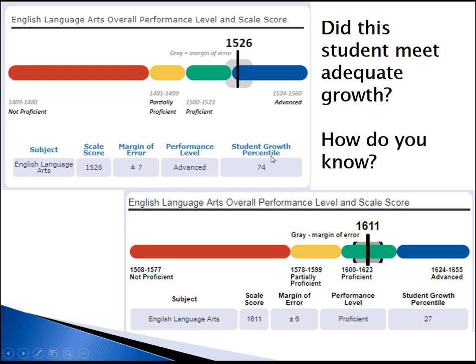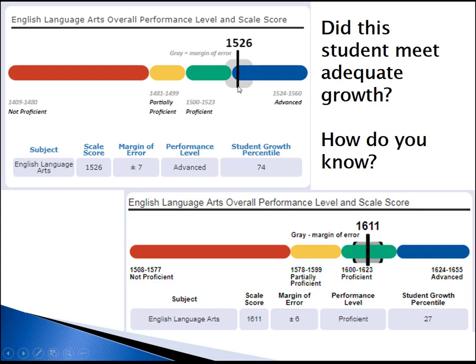So as we look at something like these student profiles that we get based on the state assessment, we might consider how can we use this margin of error, this confidence interval, to determine whether a student made adequate growth.